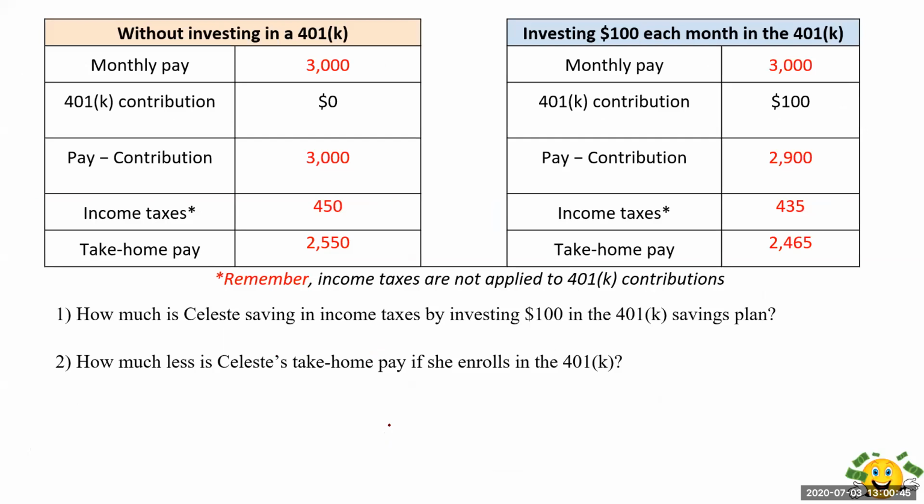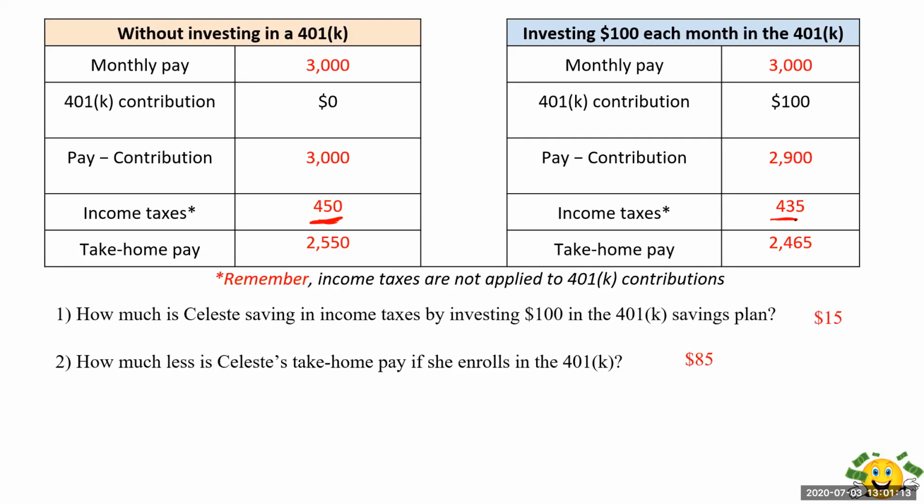Now, how much is Celeste saving in income taxes by investing in the 401k savings plan? How much is she saving? She is saving what? $15. So here we are looking at the difference between this and that. Is that okay? How much less is Celeste's take home pay if she enrolls in the 401k plan? So now we look at that.